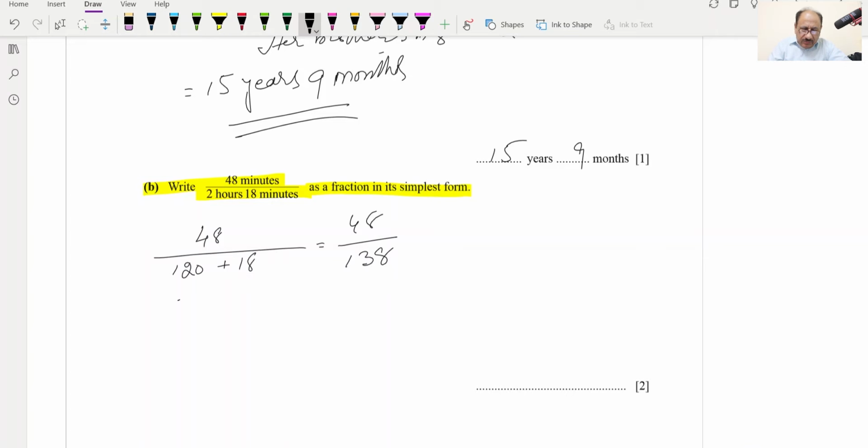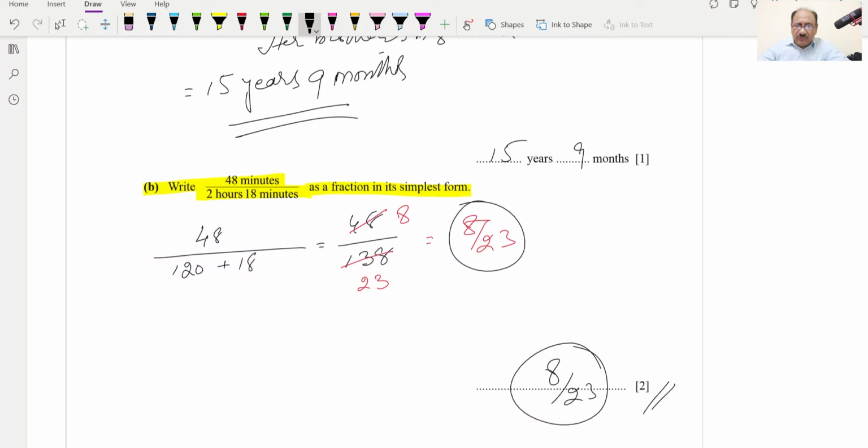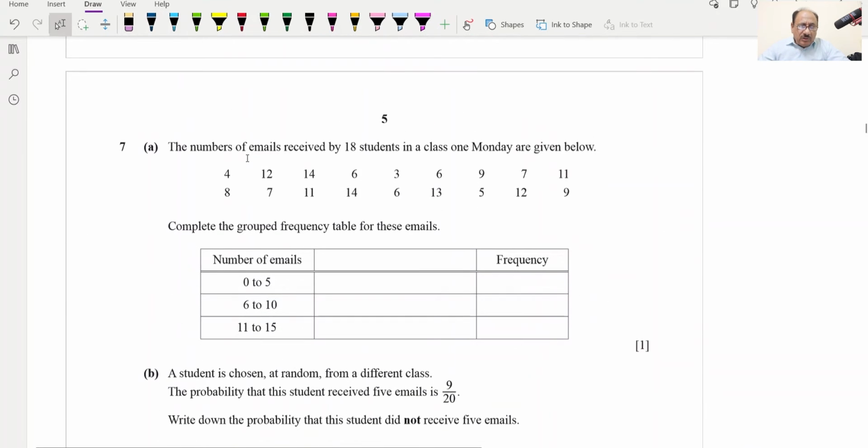If we add these two we'll get 138, and next we can cancel by 6. So 6 8s are 48 and 6 2s are 12 and 6 3s are 18. So 8 over 23. This will be our final answer as a fraction in simplest form. So 8 over 23 will be fraction in simplest form and 2 marks part.